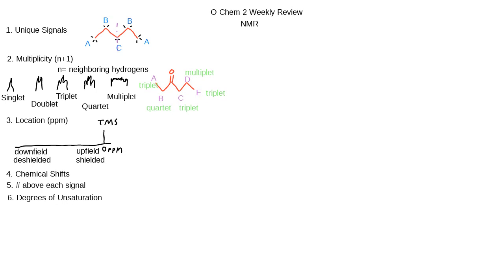But as a refresher, I am going to rewrite the formula here, and you may have used a different formula. That's fine, whatever you're comfortable with. But this is the one that I use. So it's 2 times C, which is carbon, plus 2 plus nitrogens minus hydrogens minus X, which is all halogens.